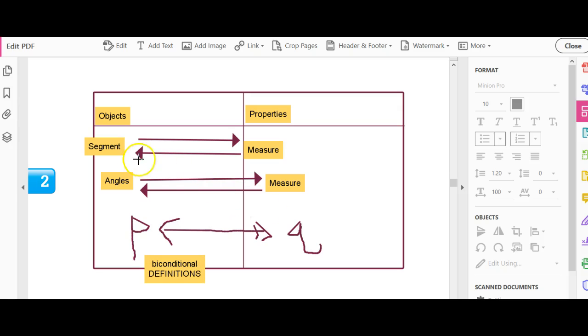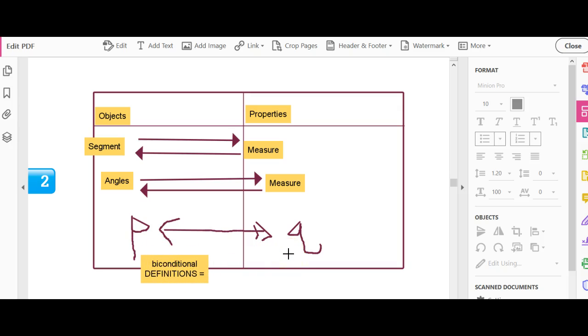So pretty much any time in any proof when you're going from, I know that this object has the same property of measure, because the objects are congruent, that means their property of measure is equal. And when the property of measure is equal, that means the objects are congruent. Anytime you're using that, you're using the definitions.